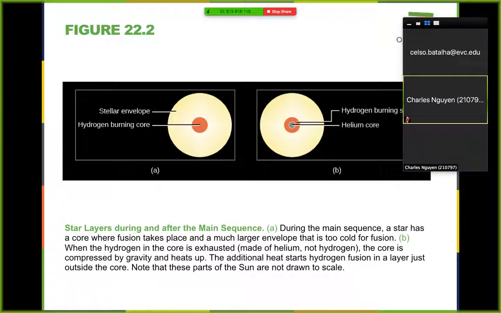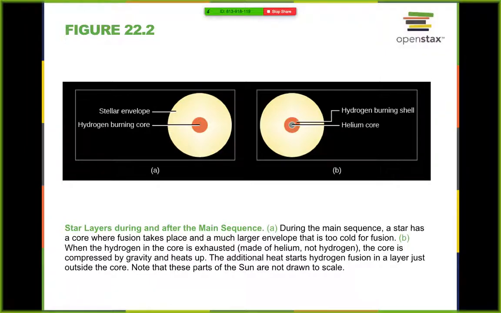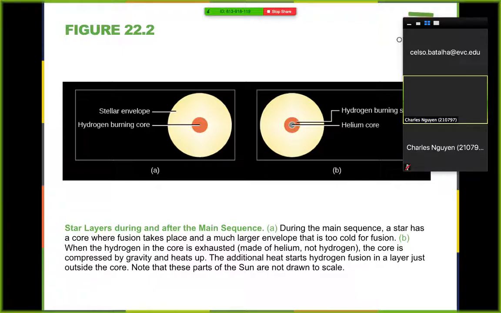Now, what happens when the hydrogen in the core, which is illustrated in figure A, is exhausted? That's the point of chapter 22. What happens when the energy supply of the star, the fusion reactions, is gone? So what happens is the core becomes depleted of hydrogen because it's all used up.